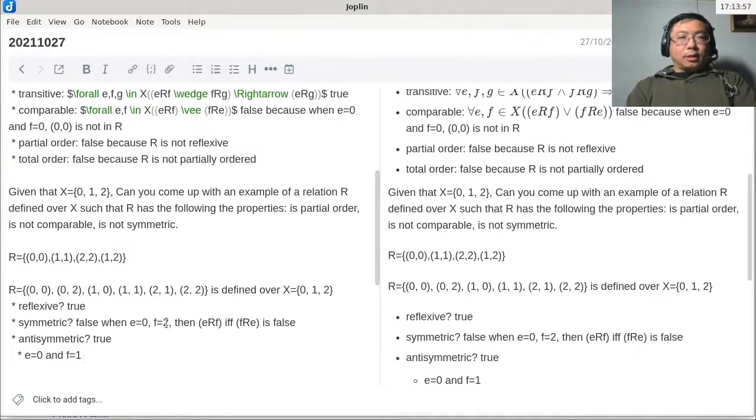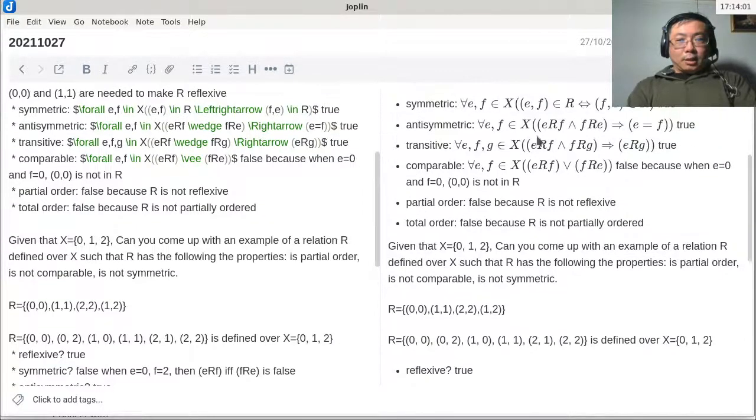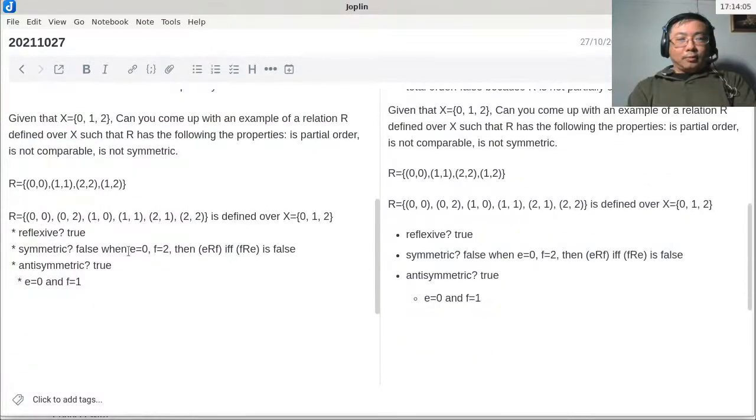We're going to look at the actual definition of antisymmetry, so we want the conjunction and then the implication. This is what we are evaluating: 0R1 and 1R0, and then the implication, 0 equals 1.